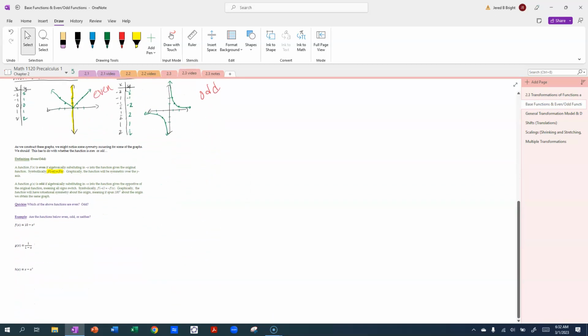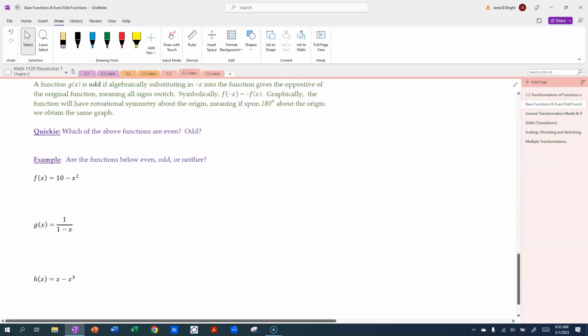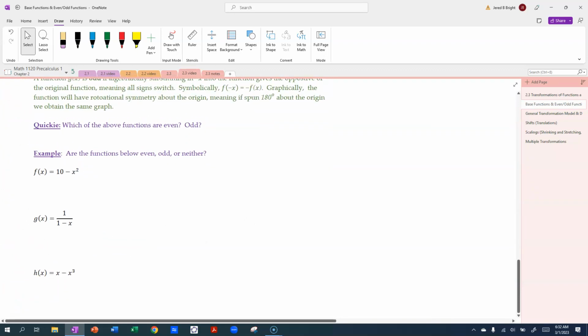Okay, and so we kind of looked at even and odd from a graphical perspective, but now just to go through the algebra too, how do we determine if a function is even or odd based on its algebraic representation? That's again where we put in the opposite of x, okay? And if I do that, what do I get?